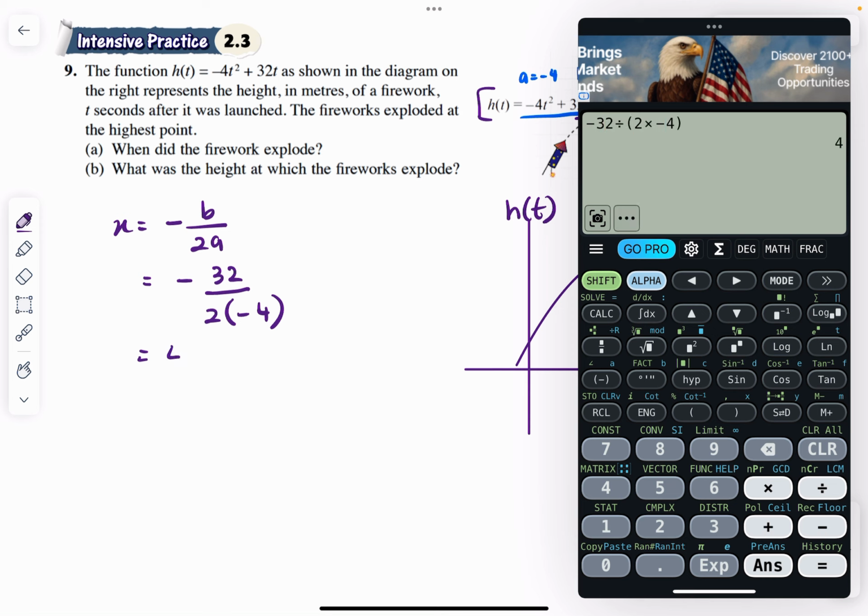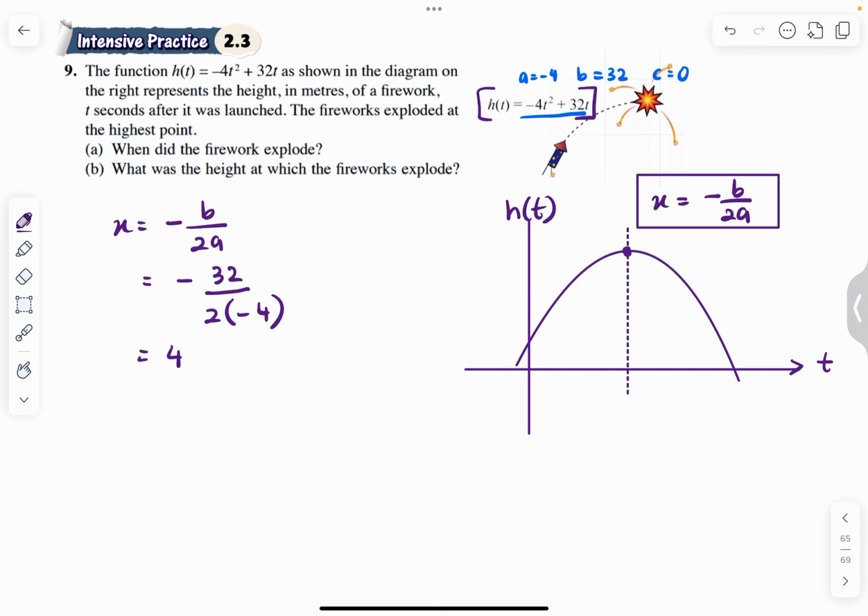We get 4. Therefore, this will be 4 lah. So when did the fireworks explode? You can say at 4 seconds. Done. B. What is the height at which the fireworks exploded?